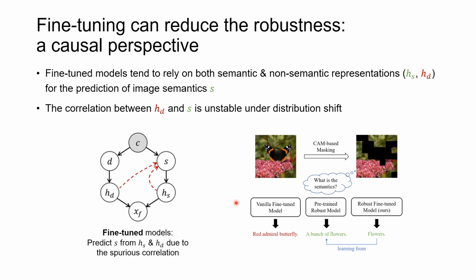For example, while the red admiral butterflies may all be captured sitting on flowers in training data, they can appear anywhere in test images. Hence, we would like to break the learning of such spurious correlations by using counterfactual samples.